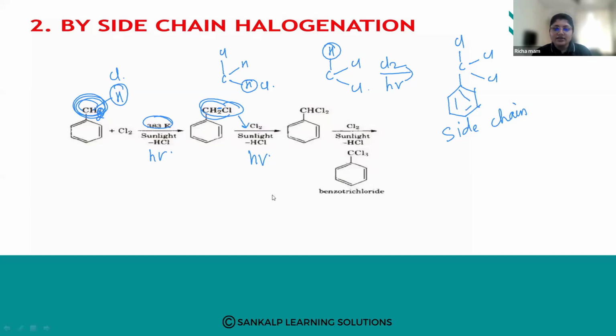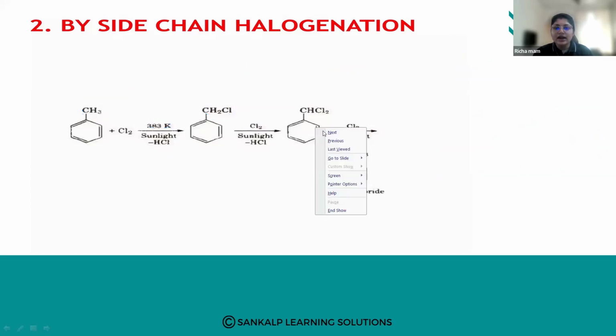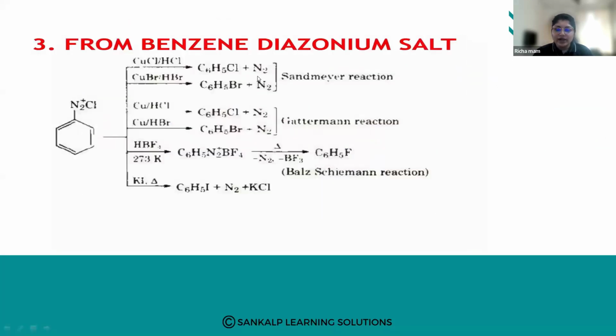Reduction is nothing but addition of hydrogen, but here we are removing hydrogen at each step, so it is not undergoing reduction. Reduction means only addition of hydrogen. At each step, we are replacing the hydrogens by chlorine atoms.